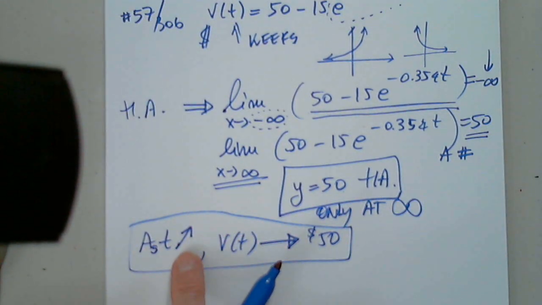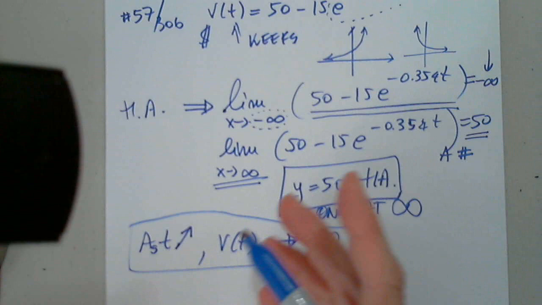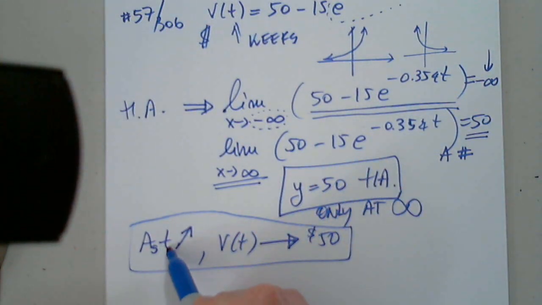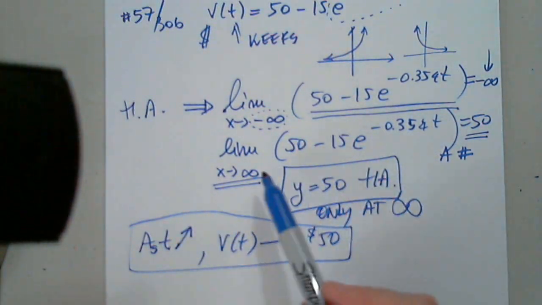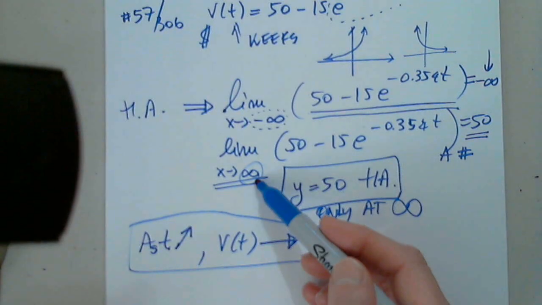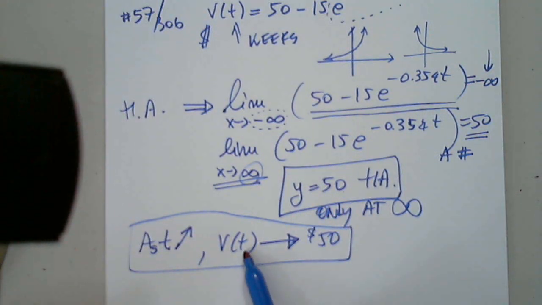As t increases without bound, the value of the stock, number of weeks, time passes by, number of weeks increases without bound. Well, of course, we're not talking about infinity, but you know that's how we say it. The value of the stock approaches $50. Okay, that's the significance of the horizontal asymptote.